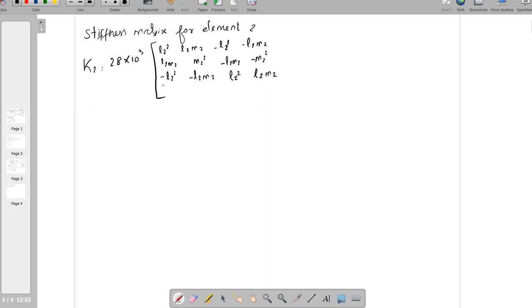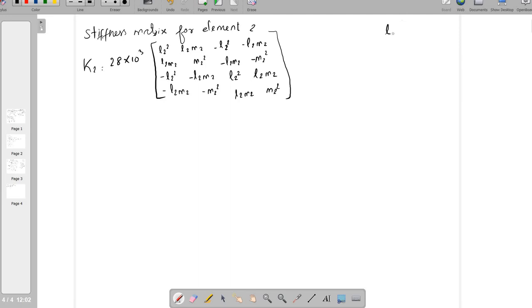The fourth row is the negative term of the second row: minus L2M2, minus M2 square, L2M2 and M2 square. So this is the required format for the stiffness matrix.